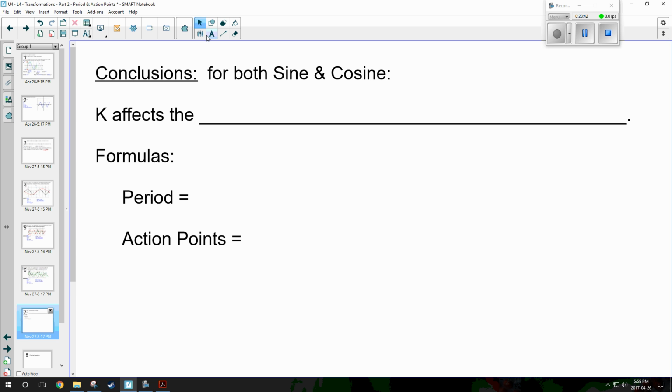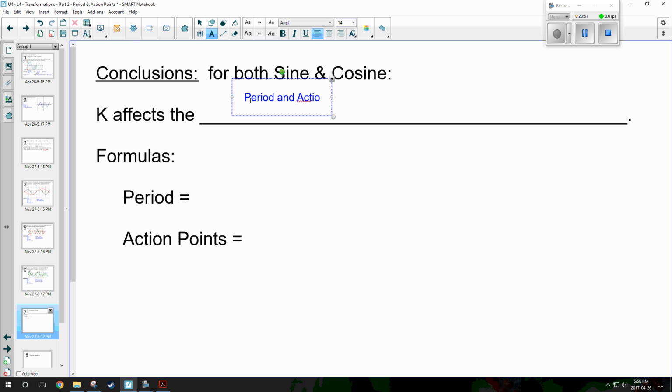So for our conclusions, I'm hoping that you were able to figure out that k affects just the period and the action points and nothing else. And for our formulas, I'm not sure if anyone was able to come up with these, but hopefully some of you were.